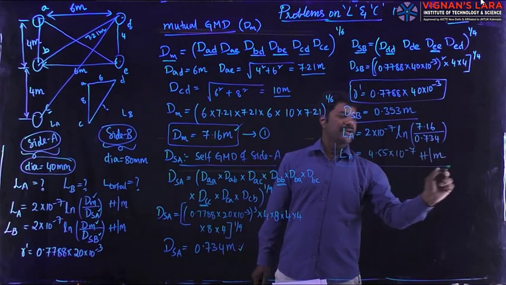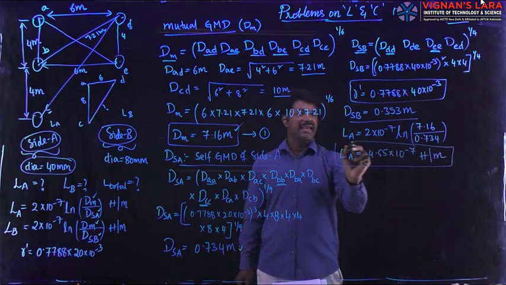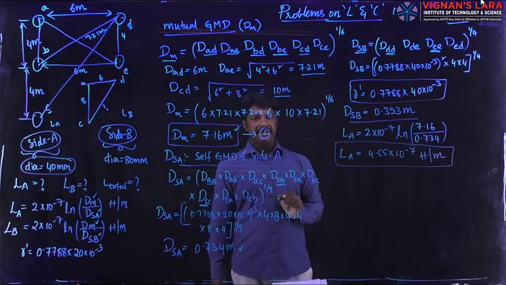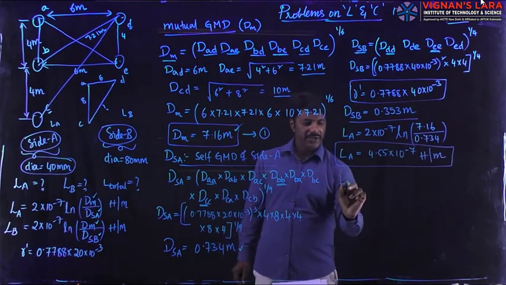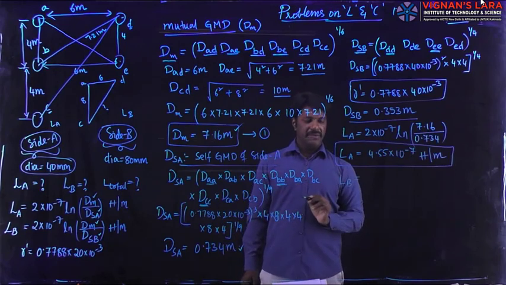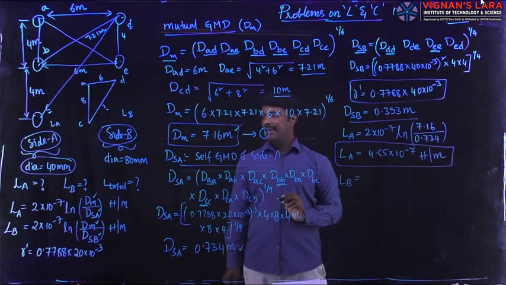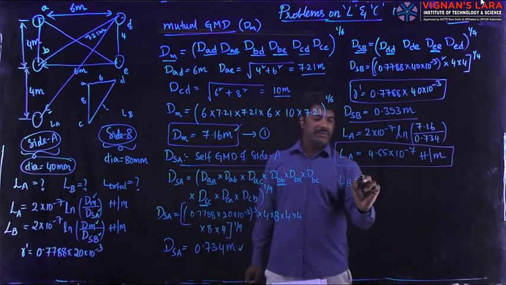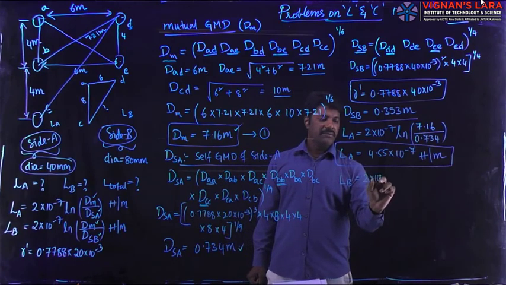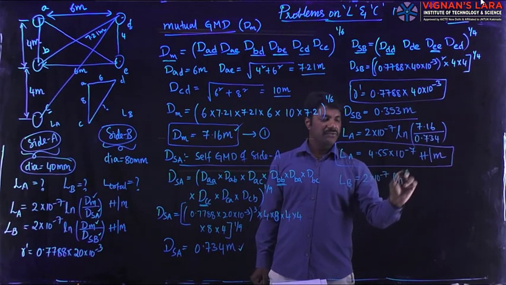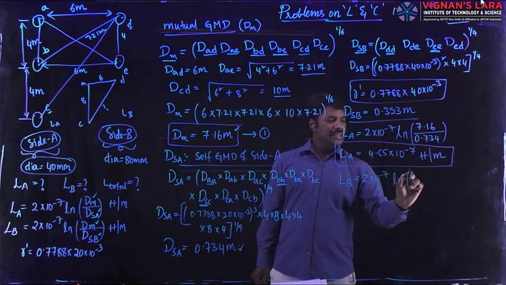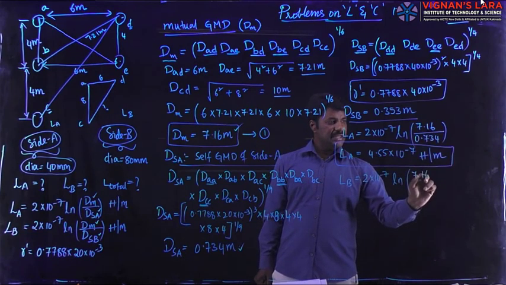This much amount of inductance we can observe for side A formed with 3 conductors. Similarly, we are going to calculate the inductance of side B as LB. LB is equal to direct formula substitution, 2 into 10 power minus 7 ln of the mutual GMD. The mutual GMD doesn't change, that is why 7.16, here also 7.16.